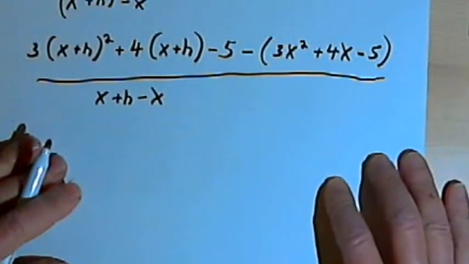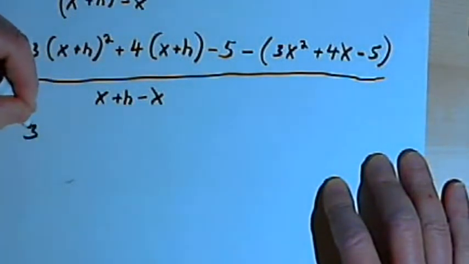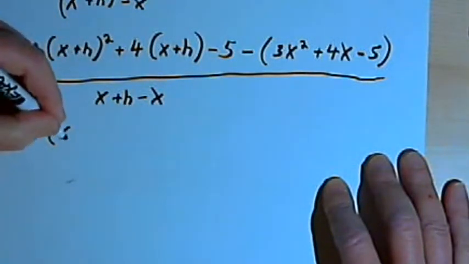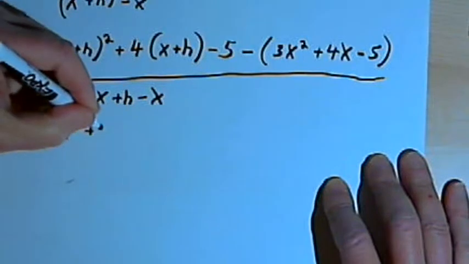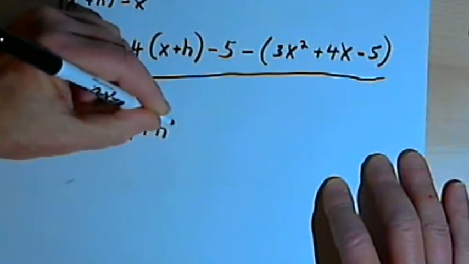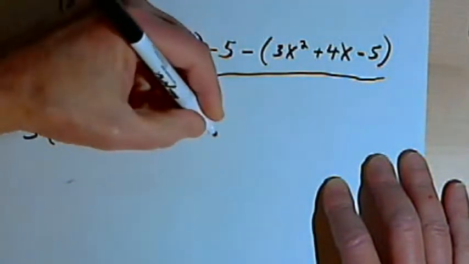Okay, so let's work with this. I'm going to square that x plus h, since it was x plus h squared. So that's going to be 3 times x squared plus 2xh plus h squared. Now distribute this 4 for the 4 times x plus h.